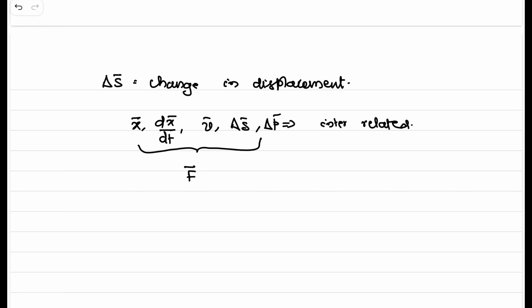That means for understanding the state of a particle, ultimately what is required in mathematics or physics or engineering or medicine, what we require, we want to know at a particular point of time how this particular particle is moving.